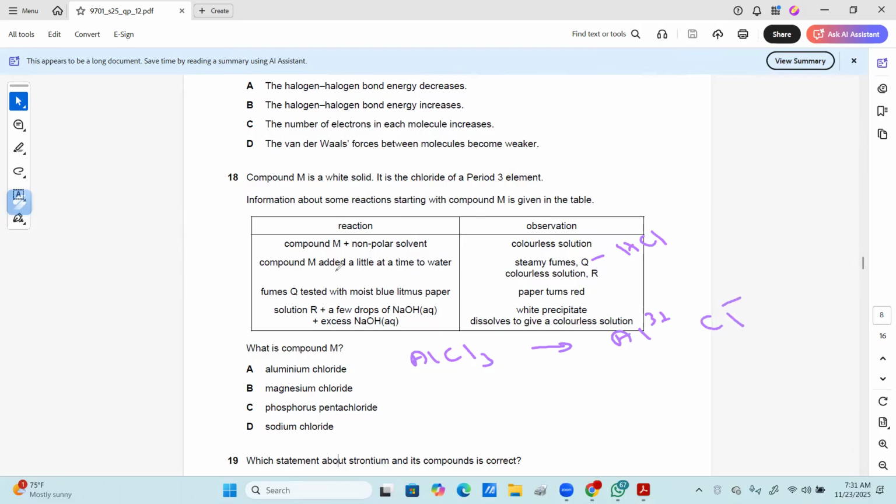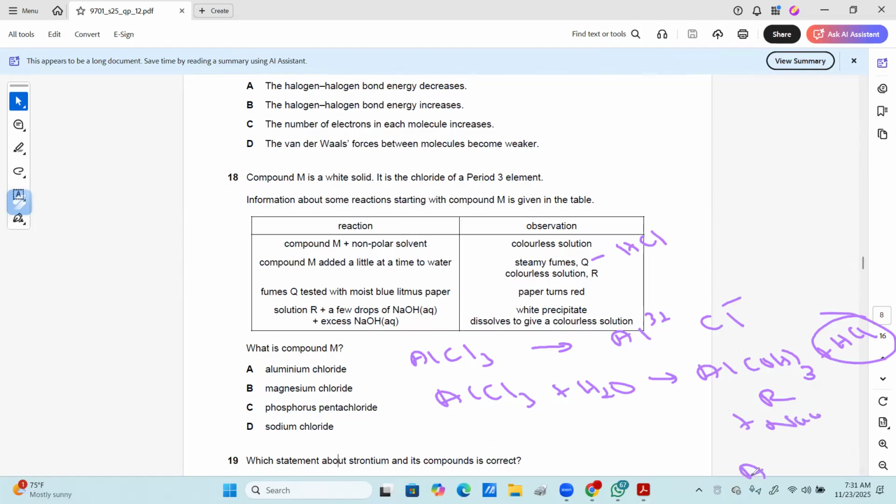Compound M added a little at a time to water. So when AlCl3 reacts with water, you can get Al(OH)3 and HCl. So because of the formation of HCl, we get a colorless solution R. Then this colorless solution with excess NaOH forms Al(OH)4 minus.